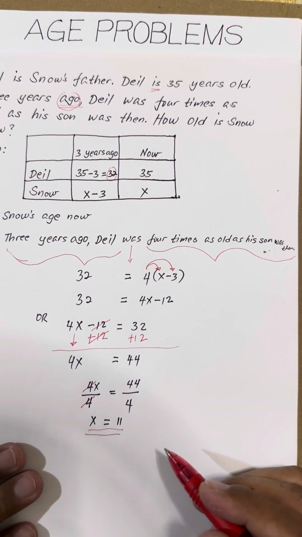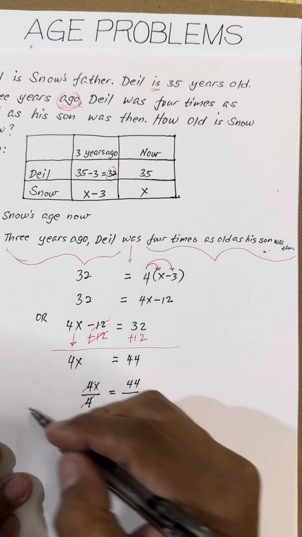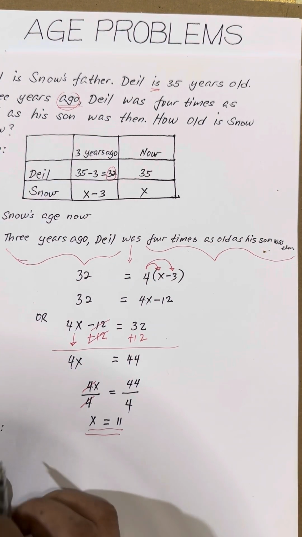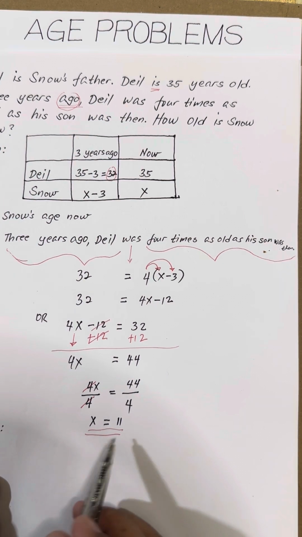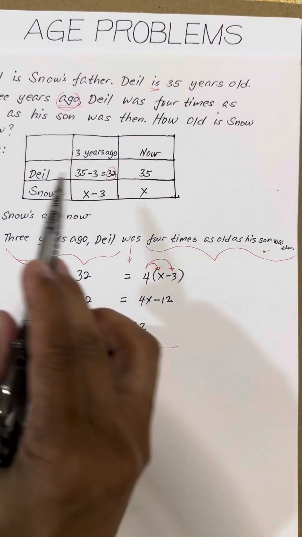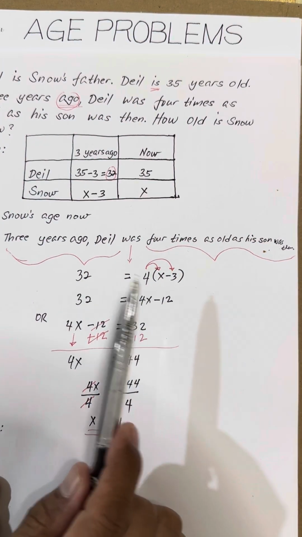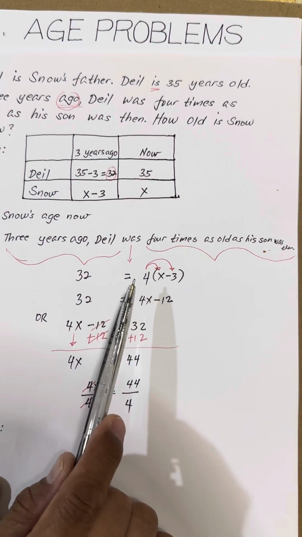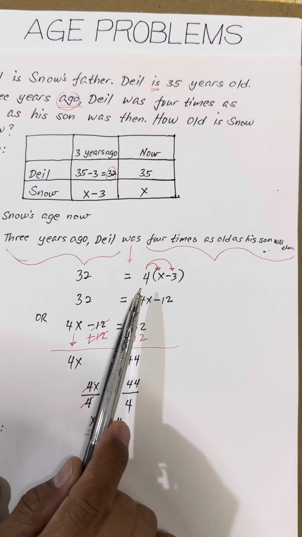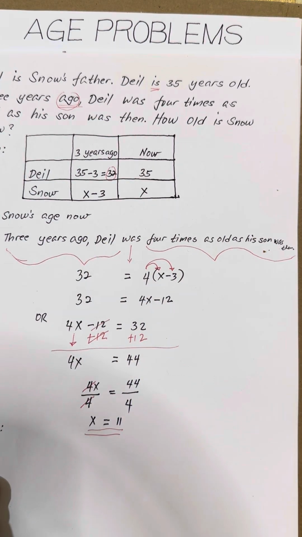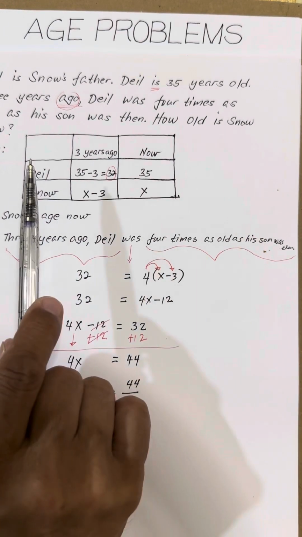Okay, so let's check if this answer is correct. We can substitute this value to our equation, or we can test it here. There's a statement that 3 years ago, Dale was 4 times as old as his son.